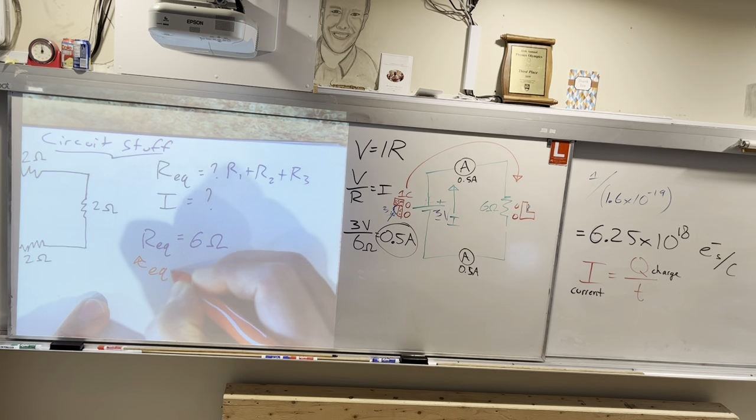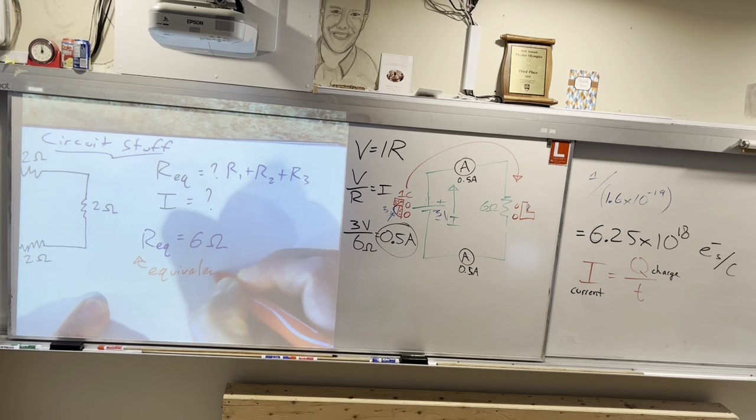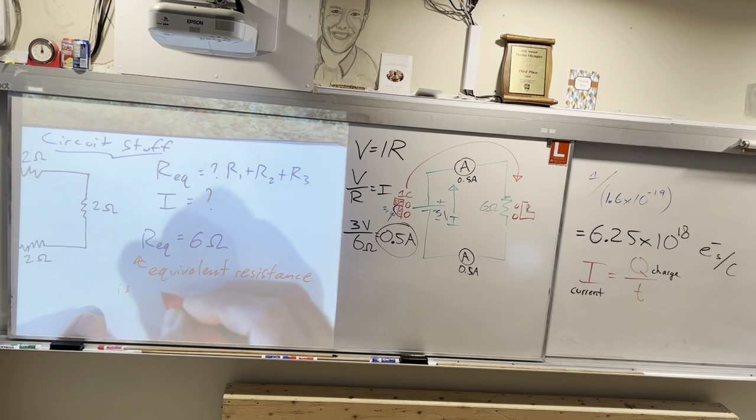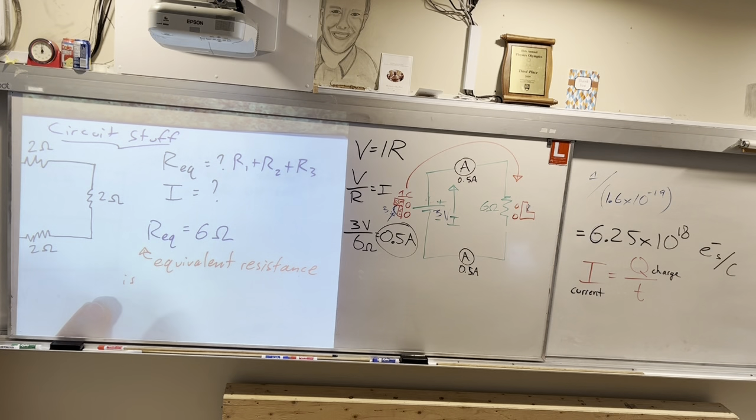So equivalent resistance is, now how do I say this? Equivalent means like if there was only one resistor in the circuit, it would be equivalent to a 6 ohm resistor.